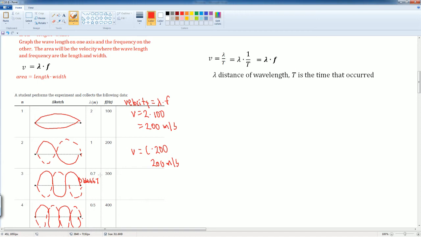Again, this is a weird fraction, like the 0.7. So if you do the fraction, you would get the better answer. You do 2/3 times 300, you would get 200 meters per second.